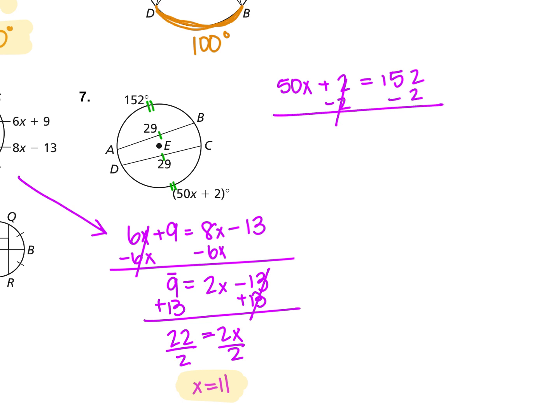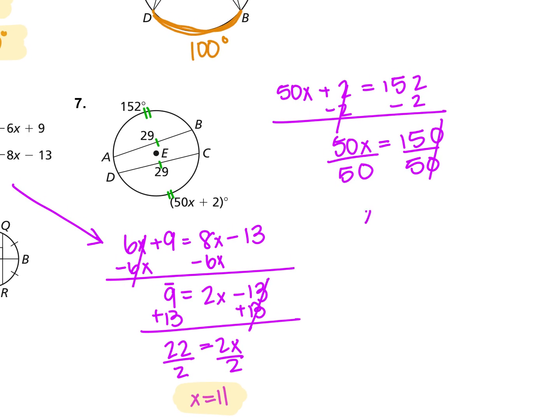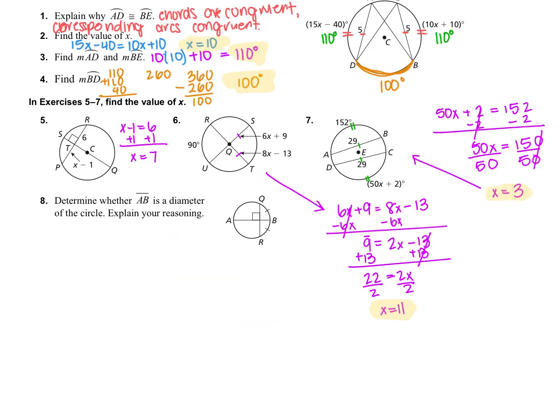Subtract 2. 50x equals 150. Divide by 50. They both end in a 0. I like to cross the zeros out. X equals 3. Questions on those? Questions on 5, 6, and 7?